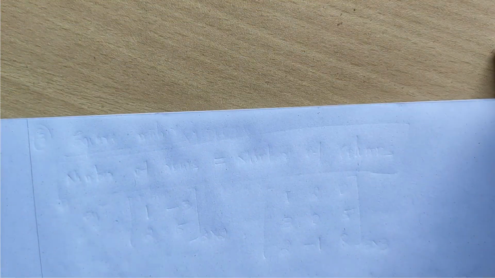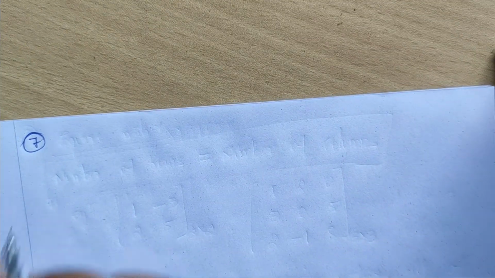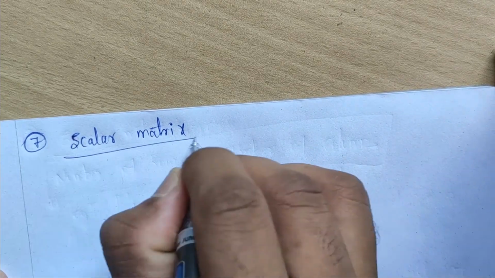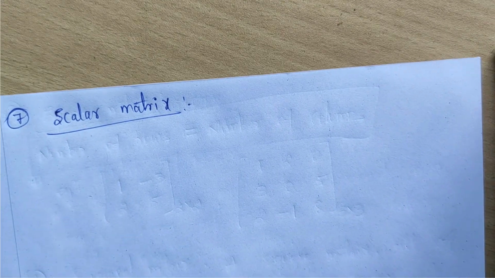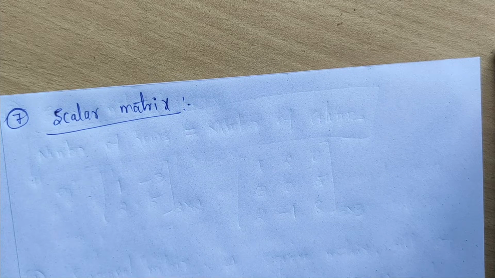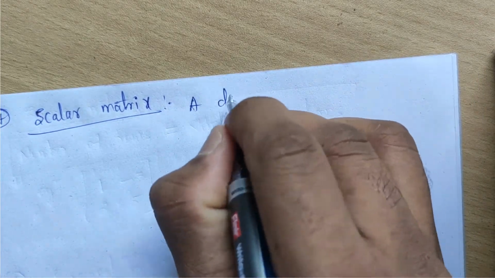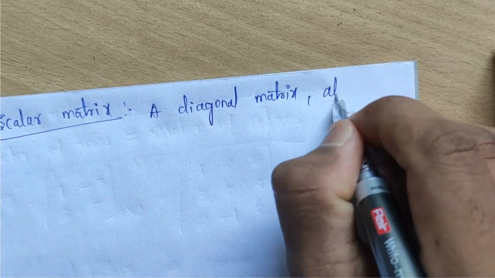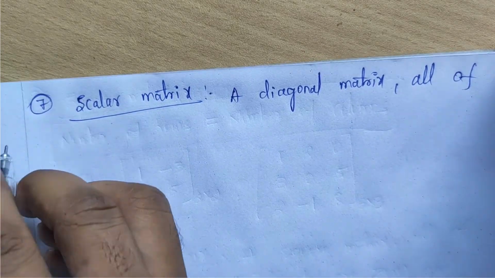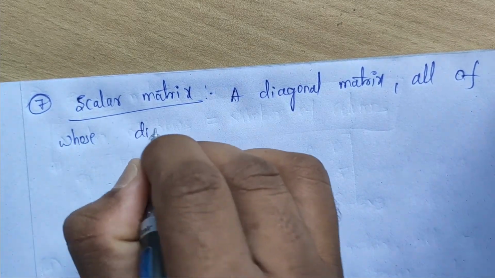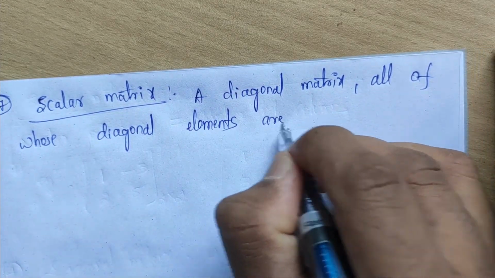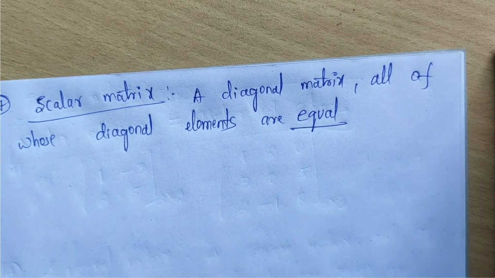Seventh one, scalar matrix. A diagonal matrix, all of whose diagonal elements are equal.